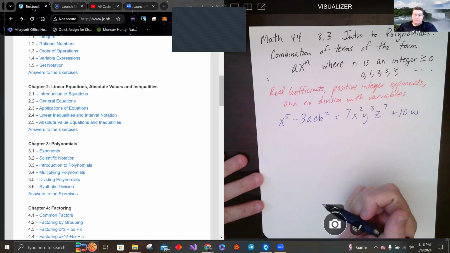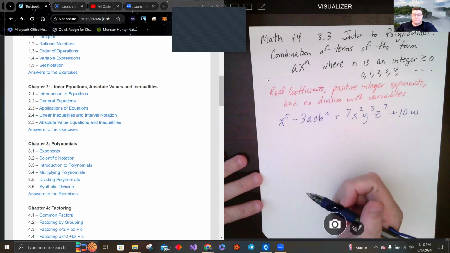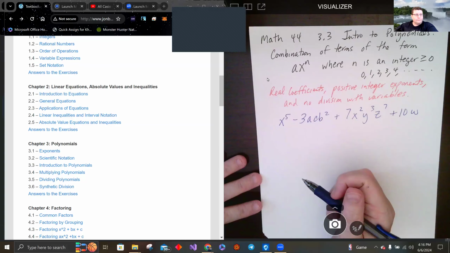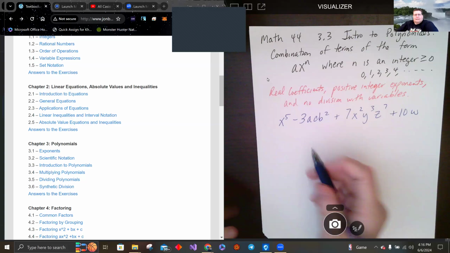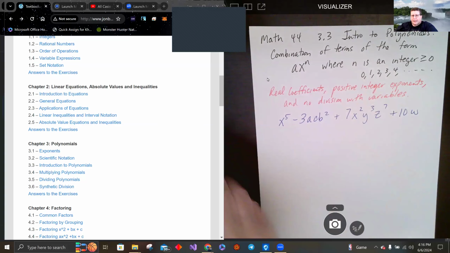It's a weird polynomial, but it's a polynomial. In general, in this class, we're not going to do a lot with those. We're only going to have polynomials with single letters. But if you have questions about it, there's a couple terms we need to talk about.